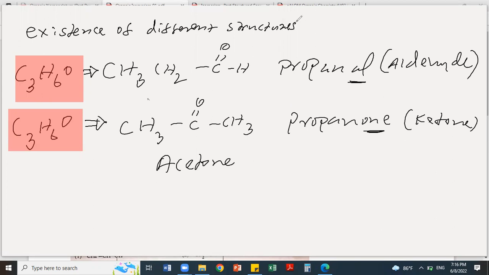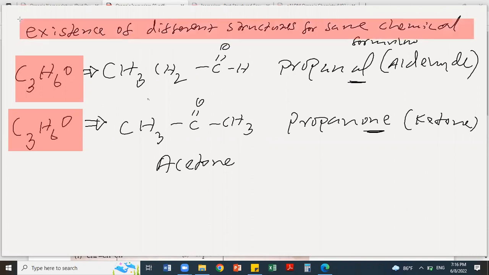If you can only copy down one sentence, that is the meaning of isomerism: chemical formula same, C3H6O, but different structures. Is that clear? Understood now? That's the meaning of isomerism.